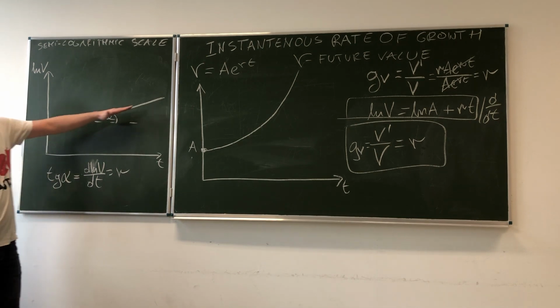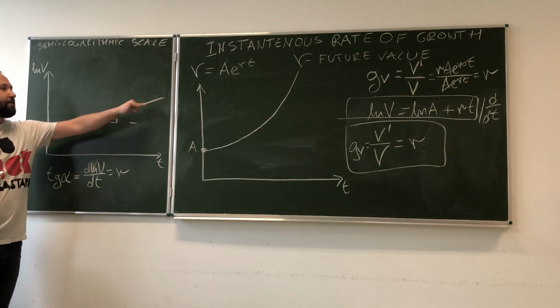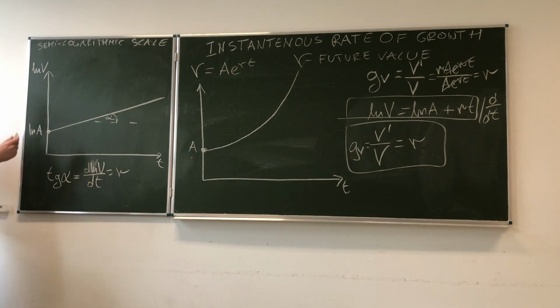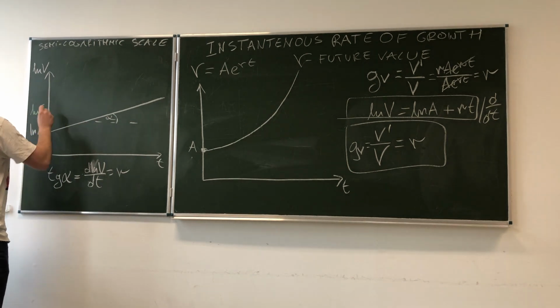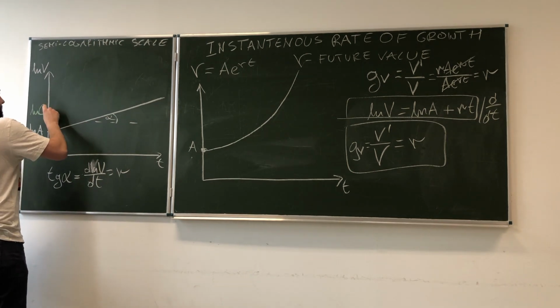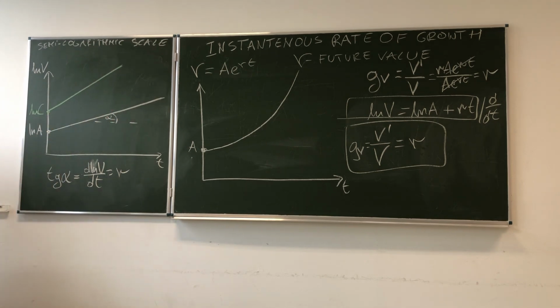So what we see over here is how this function is growing, but also each point informs us about the growth rate. So if we would compare two functions, you would have some ln c that is going like this. We could see that this function is growing faster. It's characterized by higher growth rate.